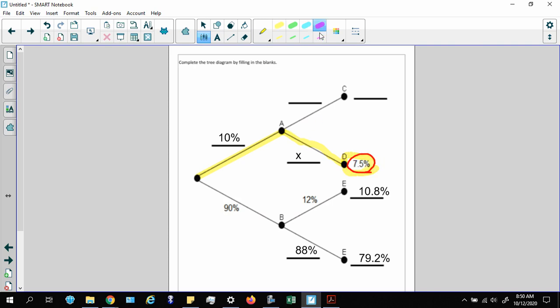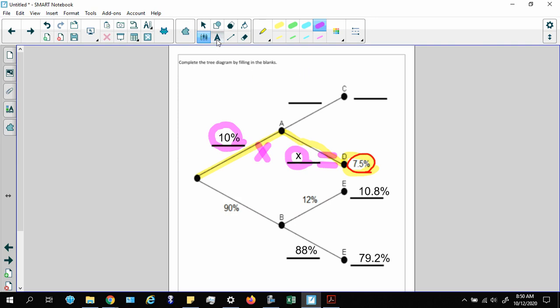Now, remember what you do. Every road that you take, like these two roads that you would take, you would multiply them to get 7.5. Well, you already know the answer is 7.5%. You know you have to multiply it by 10%. So it's like, what would you have to multiply 10% times x to get this number? Well, you have to reverse it, okay?